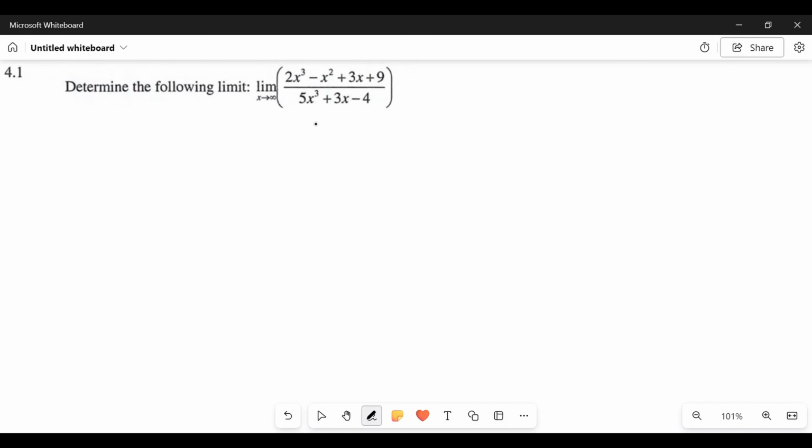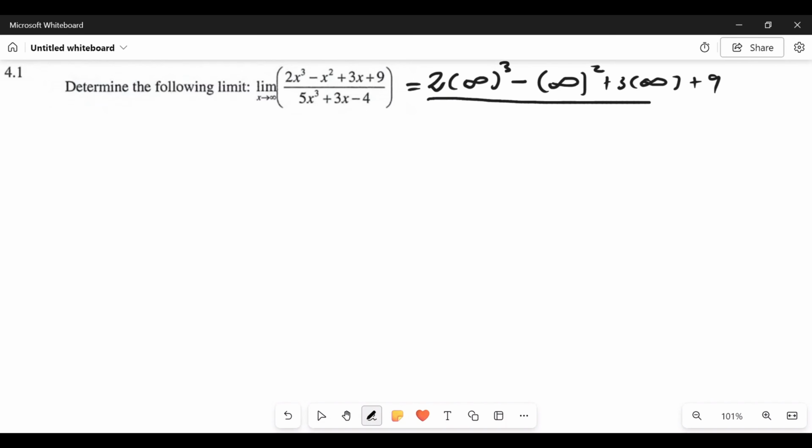Basically, direct substitution is you do a direct substitution. Wherever there is x, you substitute with infinity. So you can say 2 multiplied by infinity to the power of 3 minus infinity to the power of 2 plus 3 multiplied by infinity plus 9, divided by 5 infinity to the power of 3 plus 3 multiplied by infinity minus 4.